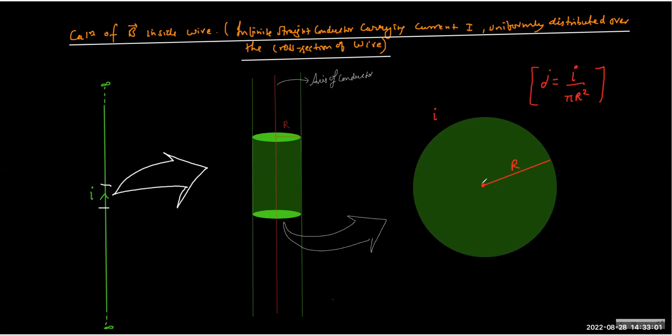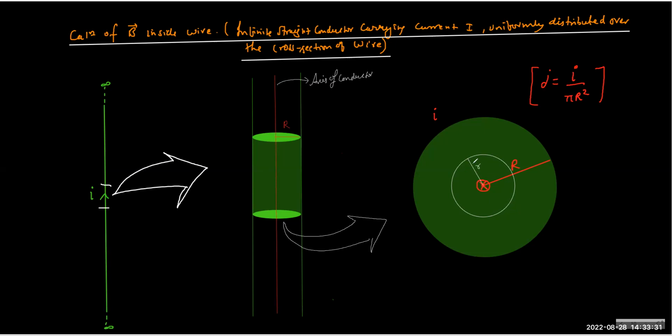So for the sake of writing, let's say the current is inward. We are going to assume the current to be inward for this view. Now we are trying to find the magnetic field induction at a point r distance away from the center, or from the axis.